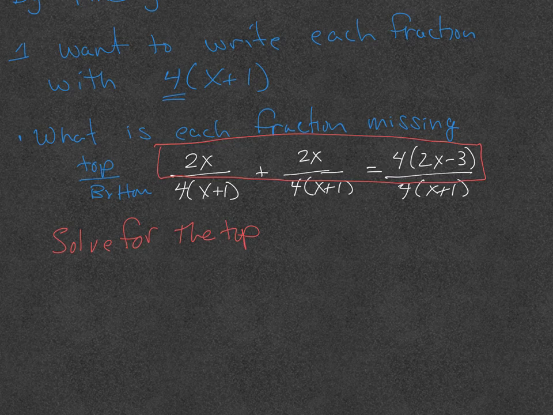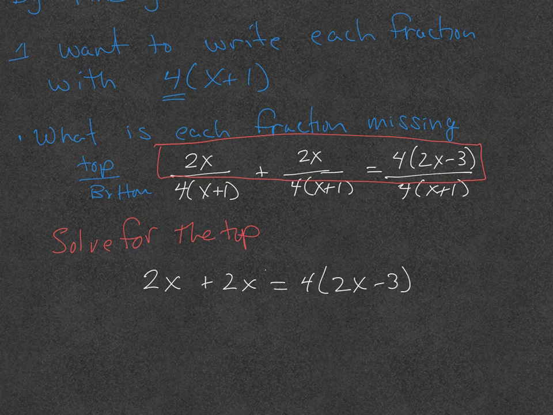The numerator is how many. I'm solving for x. I'm solving for that how many. So now my equation is 2x plus 2x is equal to 4 times 2x minus 3. You would have gotten to this point either way with either method. The one we did before for number 10?